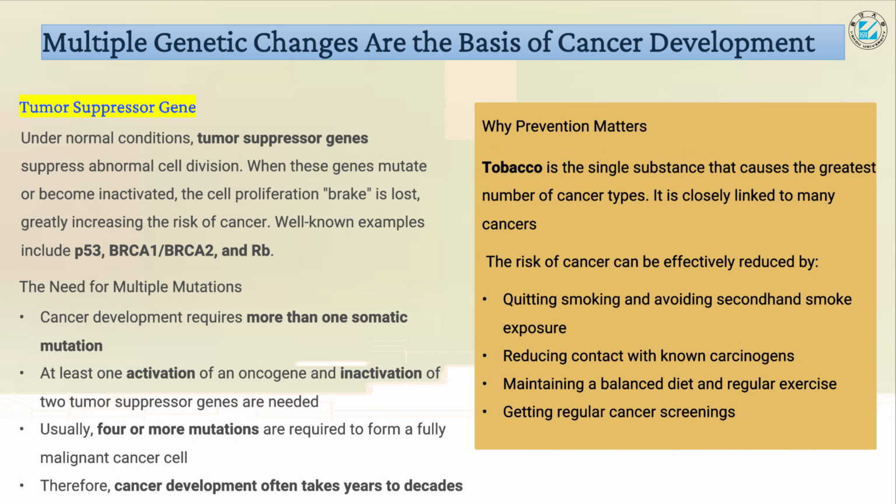Cancer usually requires more than one mutation. In many cases, at least one oncogene must be activated, and a tumor suppressor pathway must be inactivated. Because multiple mutations are required, cancer often develops over years or decades. This is why prevention and early detection are so important.